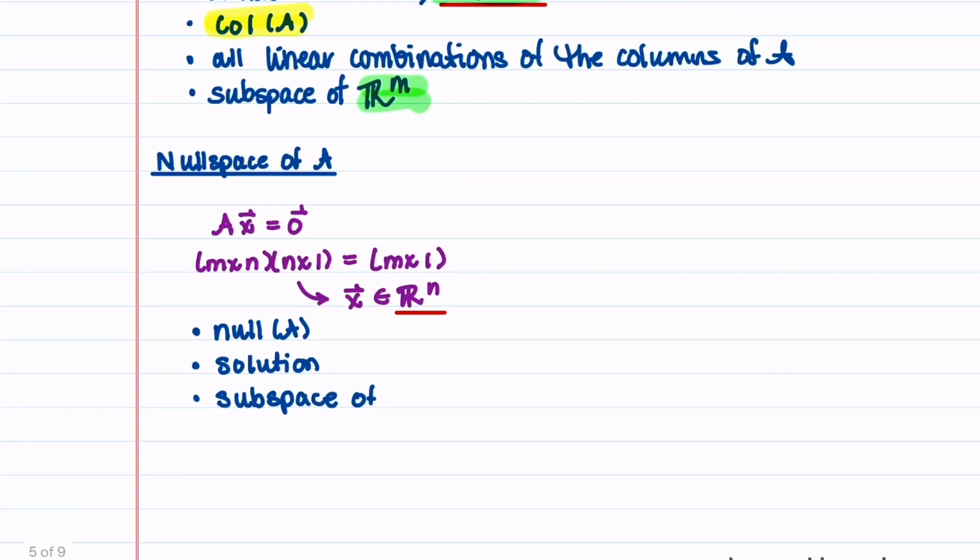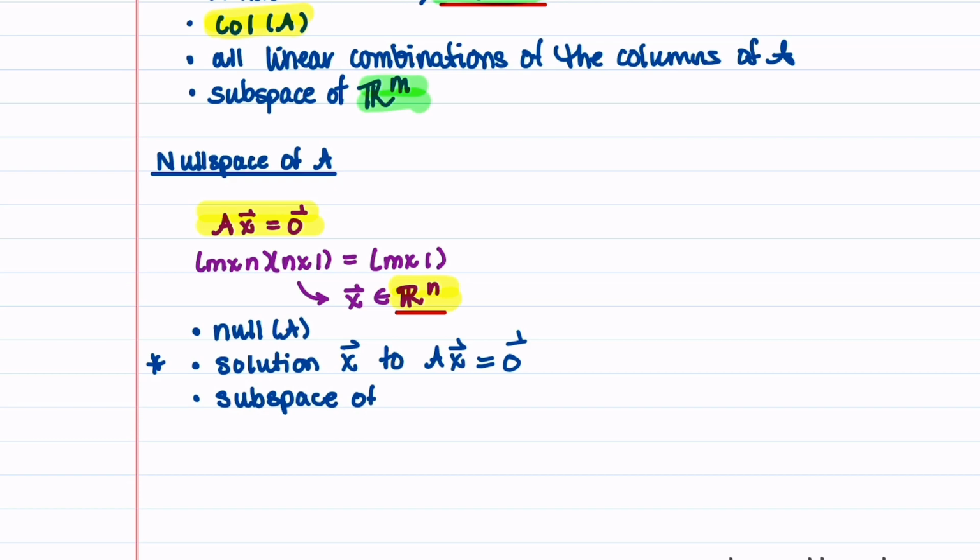The last subspace that we'll go over is the null space. To understand the null space of A, we need to look at the equation AX is equal to 0. When we solve this, our X is an element of Rn. Our null space is abbreviated by null A. The null space is the solution X to AX is equal to 0.